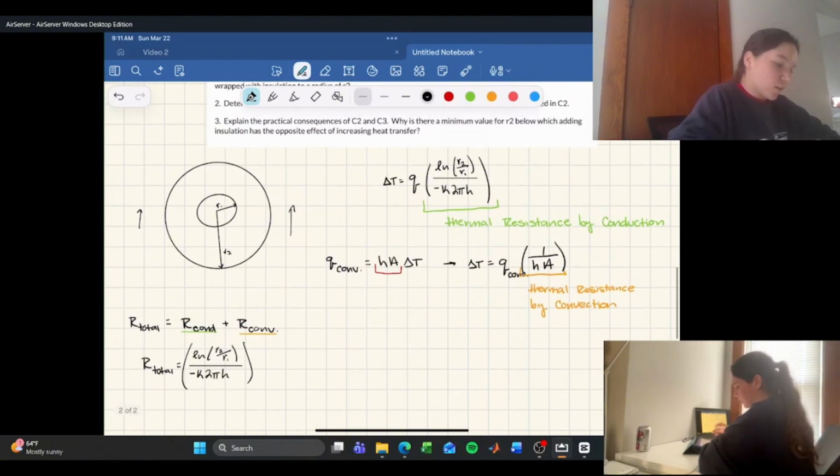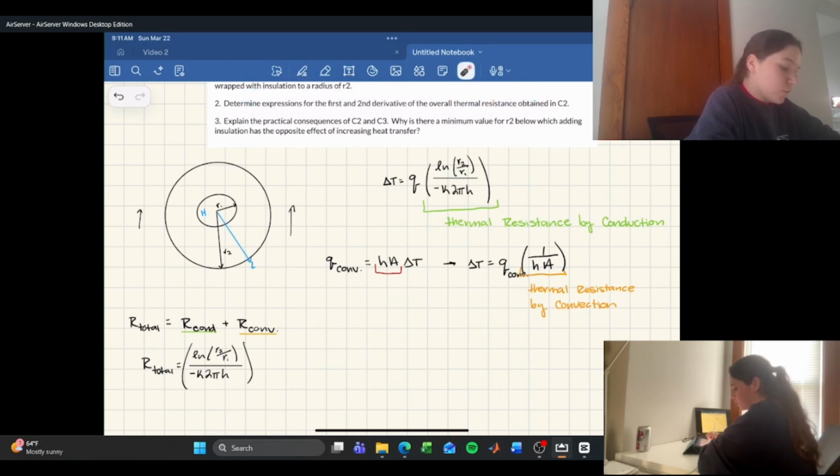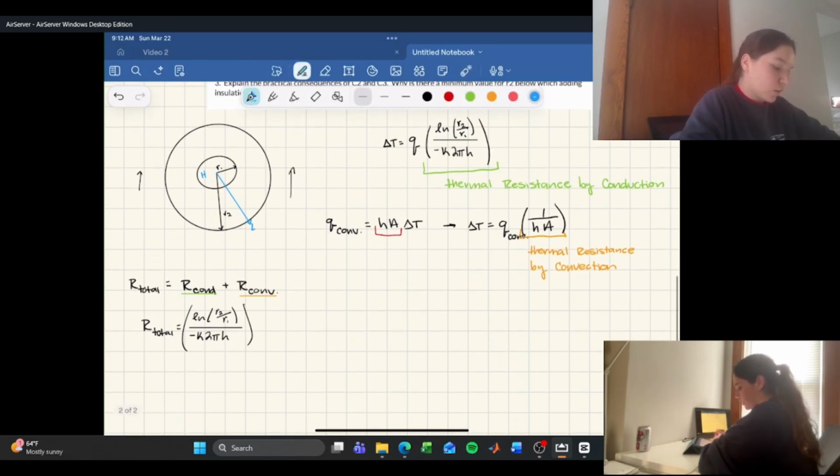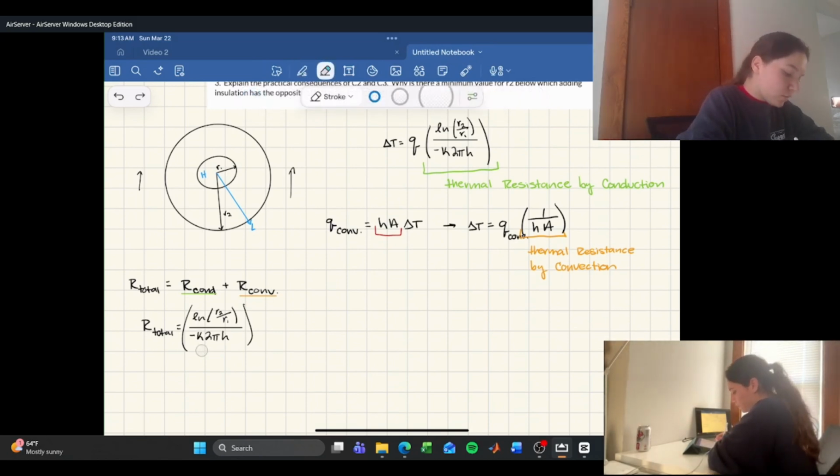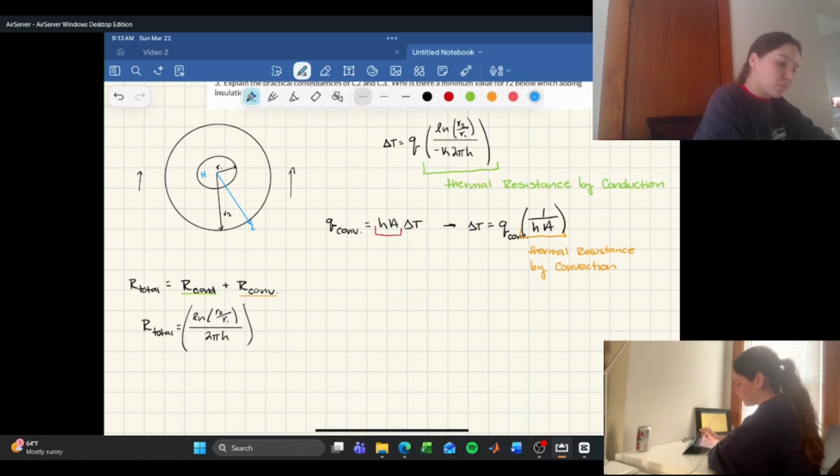Now if we look at the example, let's assume that the heat inside the pipe is at a higher temperature than the outside. So the heat transfer is going to be from high to low, and this is in the same direction as your distance, the direction you're expanding out, your radius. Because they're in the same direction, we don't need this negative sign. So we can take the negative off of the thermal conductivity.